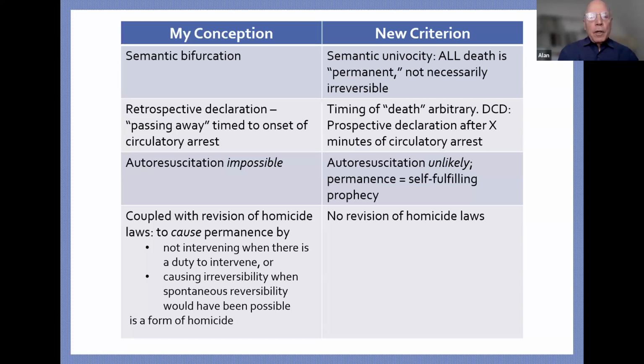I proposed that the clinical death, the permanence, is a retrospective declaration, and it is timed to the onset of circulatory arrest. But with the new criteria, the timing of death is arbitrary. With donation after circulatory death, it's a prospective declaration after so many minutes of circulatory arrest. And with neurological declaration of death, it's even more arbitrary.